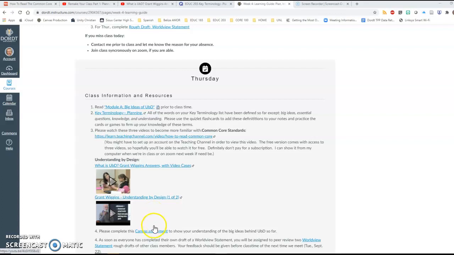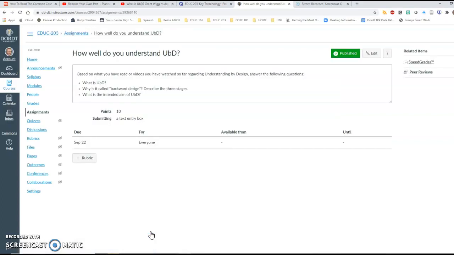And when you feel like you have somewhat of an understanding of what UBD is about, there's just a short little assignment here on Canvas that you can, just define it, talk about why it's called backward design. This won't be a long piece. I just want to make sure you guys are picking up on the main tenets of UBD.